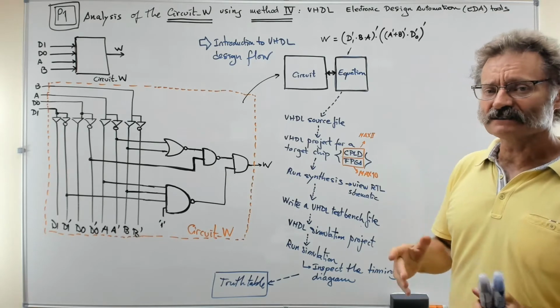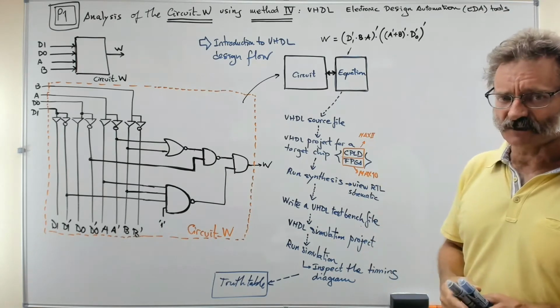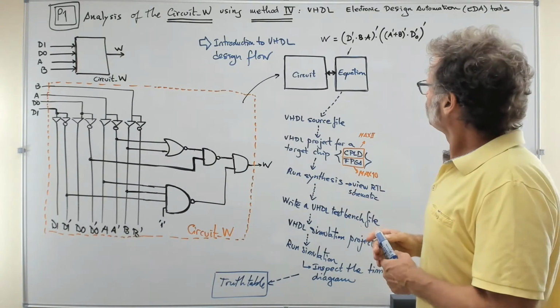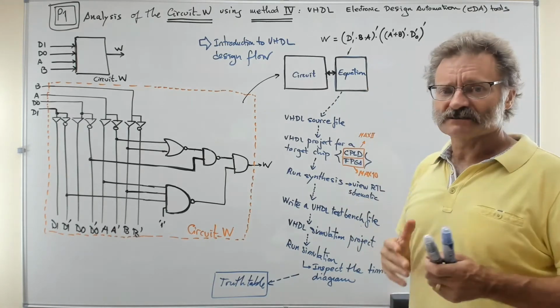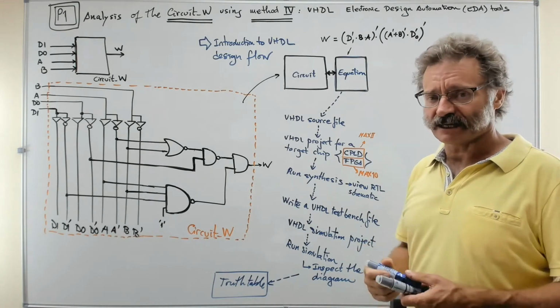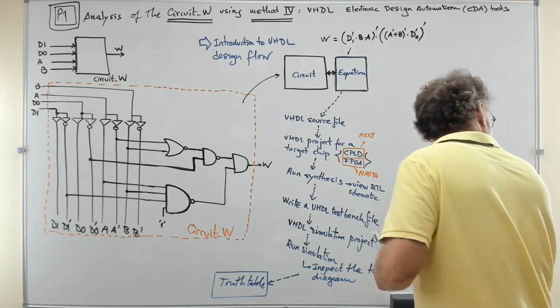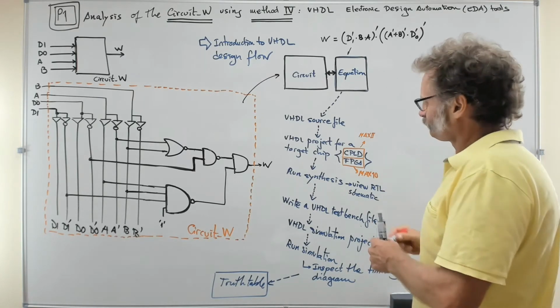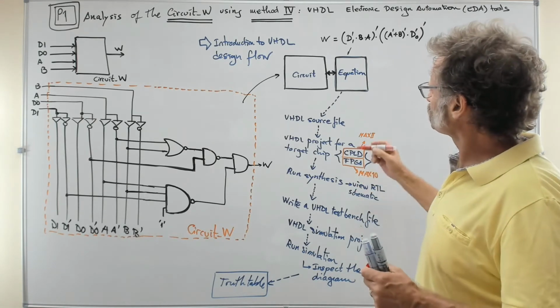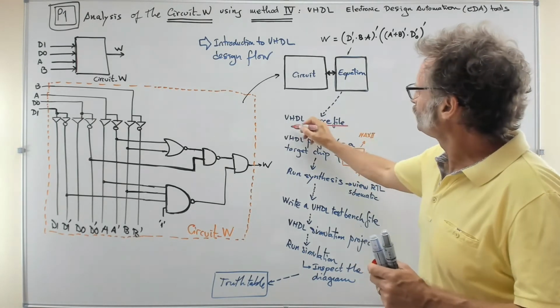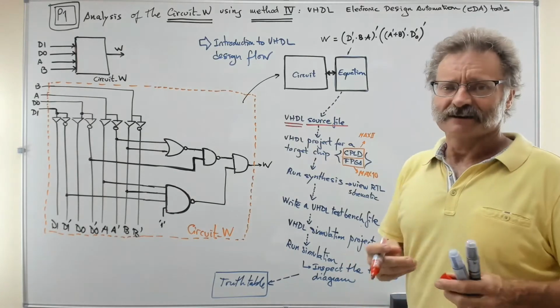But let me tell you the basics. The basics is that now the equation is going to be transferred to a VHDL architecture. All right? So this architecture is going to consist of basically a source file written in VHDL syntax.